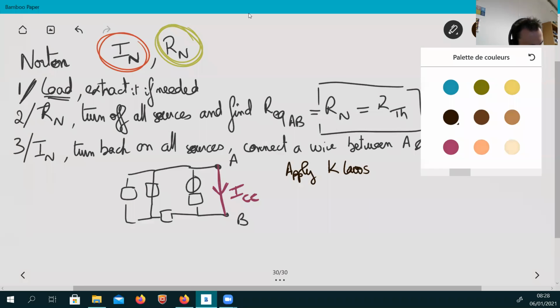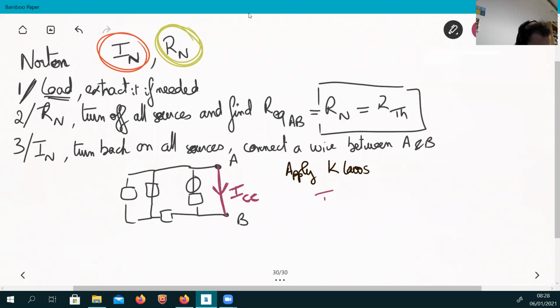At the very end of your computation, you will find that the value of ICC equals the value of IN.